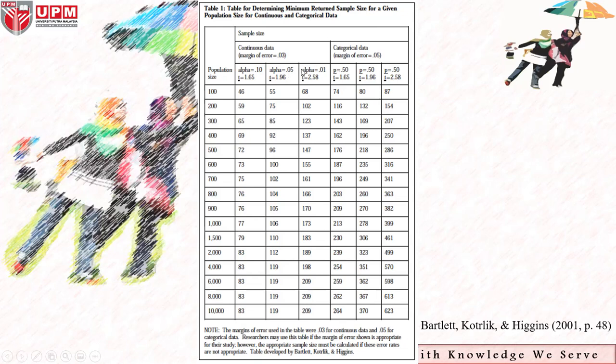And then you know exactly the population of your study, for example, 10,000. So you follow this criteria, so the proposed sample size will be 119. Senang je. Nampak? Ini based on that table lah.